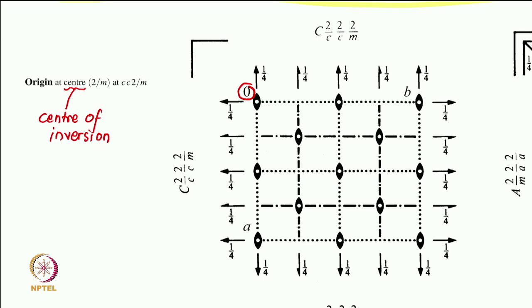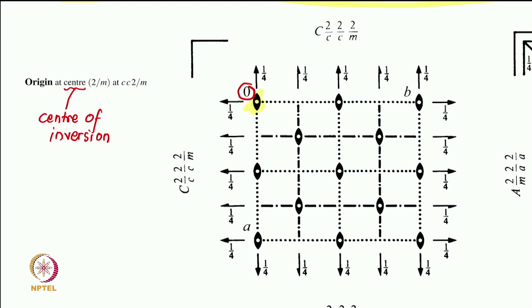You can see that in the symmetry diagram here we have a two-fold axis shown, and inside that two-fold axis there is a hole. It is not completely black, there is a white dot. That white dot represents the center of inversion.